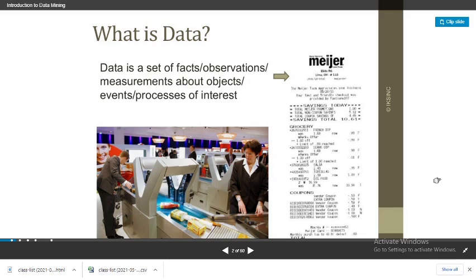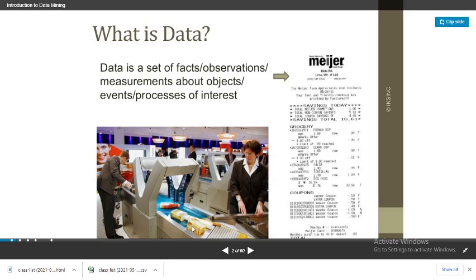If I am a student, what is my name? Where am I studying? In which course am I studying? What is my percentage? They are collecting all this data. These data are nothing but facts. Example: see, this person who has purchased something is making a bill here.